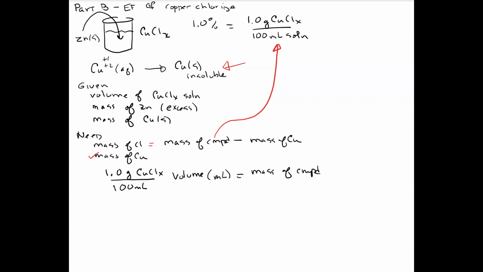Right? Because the volume of the solution will cancel, and then what we're left with is the mass of our compound. This number gets put into here, and then we get the mass of the chloride.